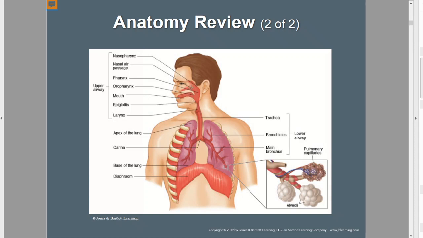The nasopharynx is the part that comes to the back of the throat here. The oropharynx comes to the back of the throat here, and then the hypopharynx is just above the trachea, right around the glottic opening.